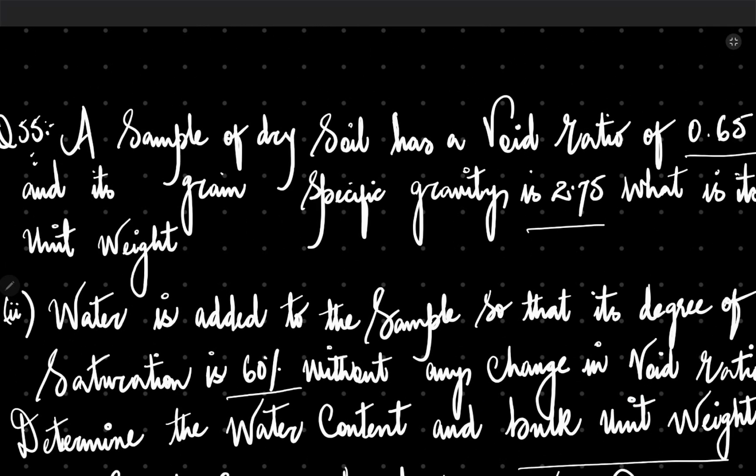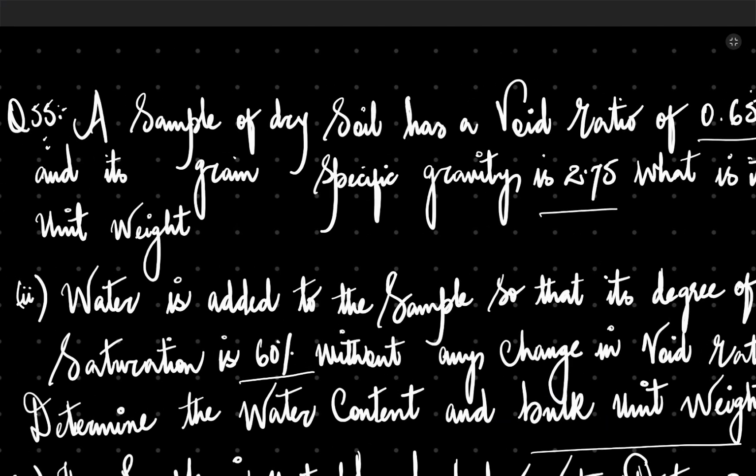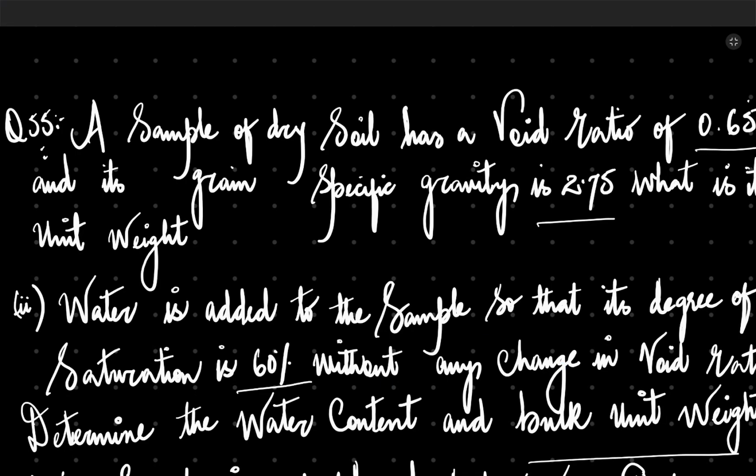Let's read it again. A sample of dry soil has a void ratio of 0.65 and its grain specific gravity is 2.75. What is its unit weight? Now part one of the question says what is its unit weight, but you have to be very tricky in reading these types of questions in weight volume relationships.